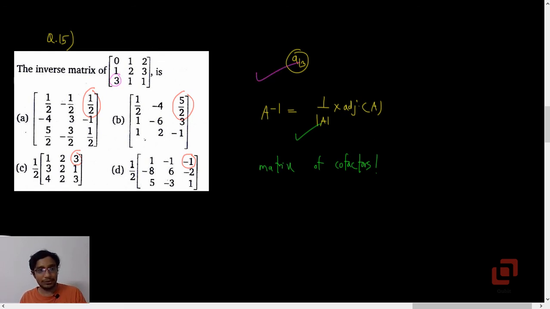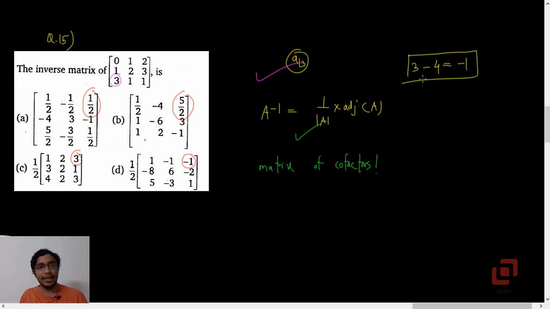So let's quickly find the cofactor of that 3. First row, third column, the sum of row number and column number is even, so its minor itself would do. The minor is 3 minus 4, so that is minus 1.